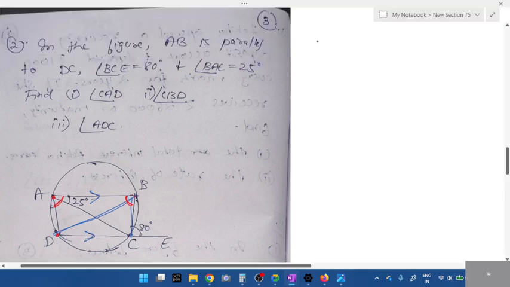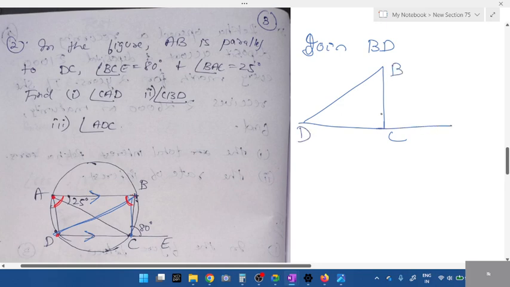Look here, join B and D. So you get a triangle CBD. Use the straight line concept. If this is 80 degrees, what about the interior? 100, right? 100 degrees. Then look at BC, students.